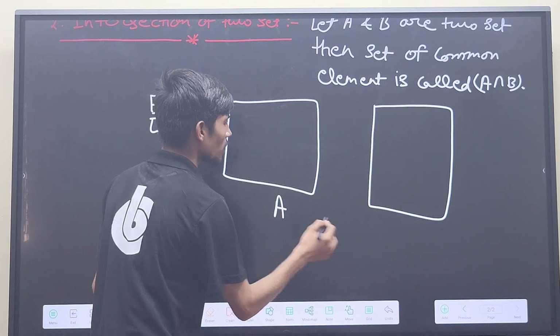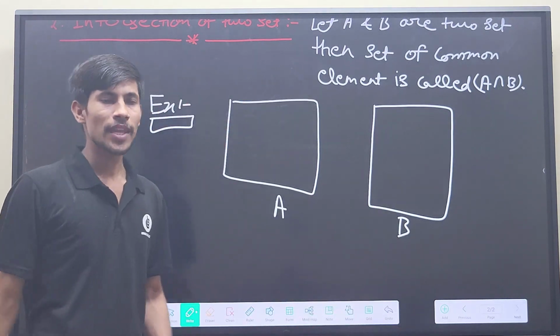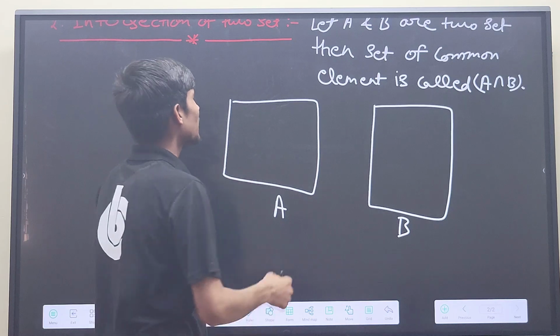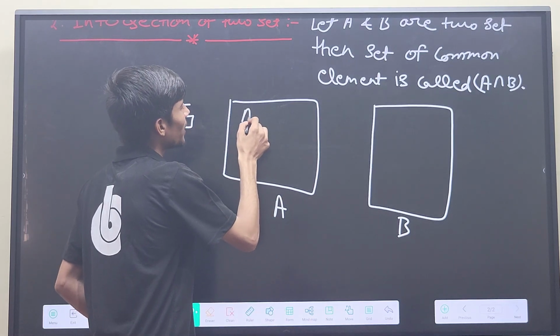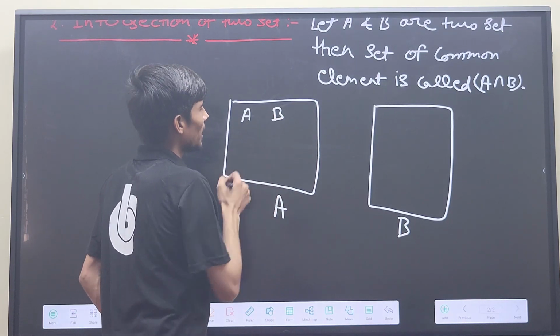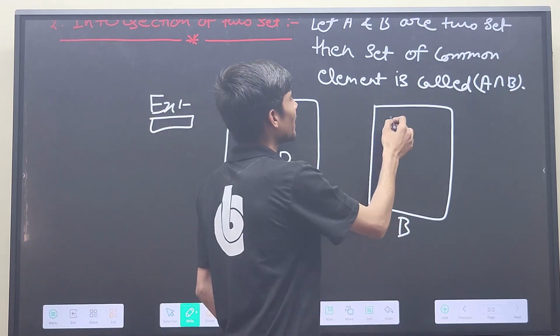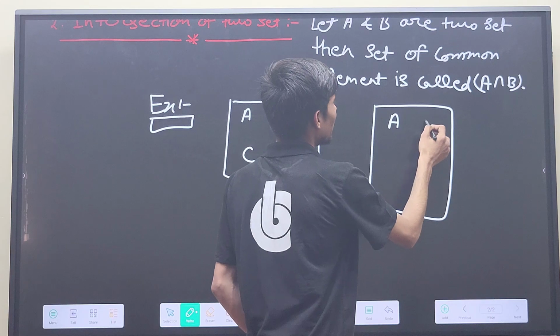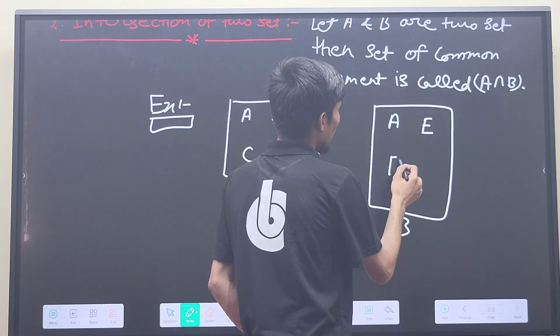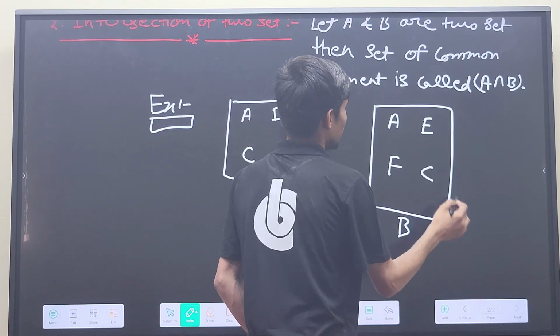This one is box A, this one is box B. Now in box A there are some alphabets: A, B, C and D. Here again some alphabets like A, E, F, C.